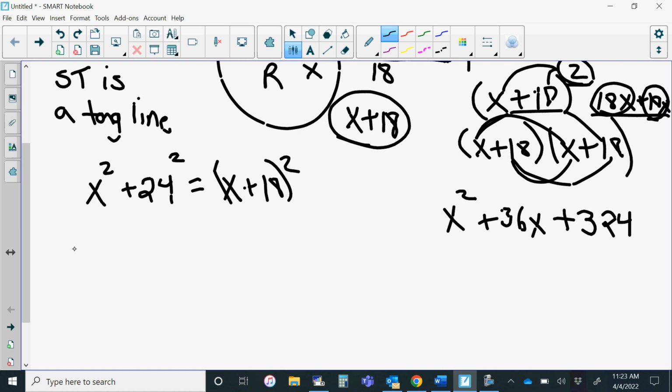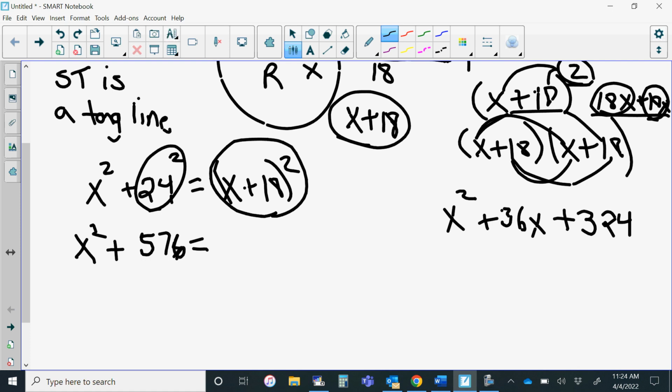What does that mean I can do over here? What's 24 squared? That's 576. And this, I can take this out, gone, and what can I put in its place?